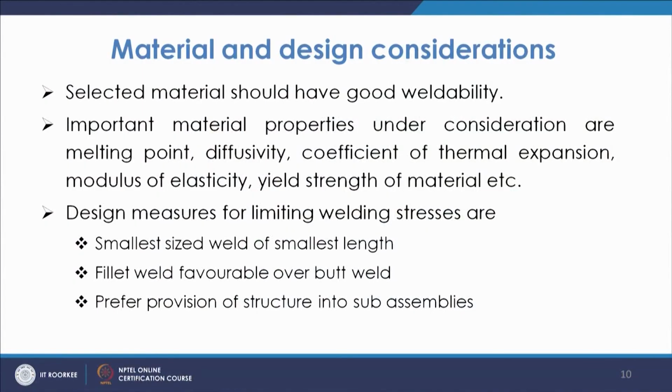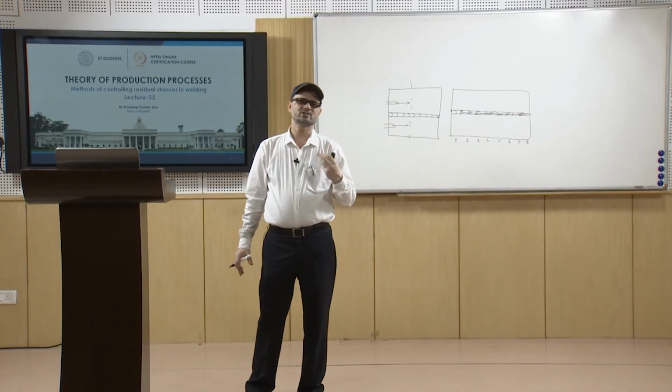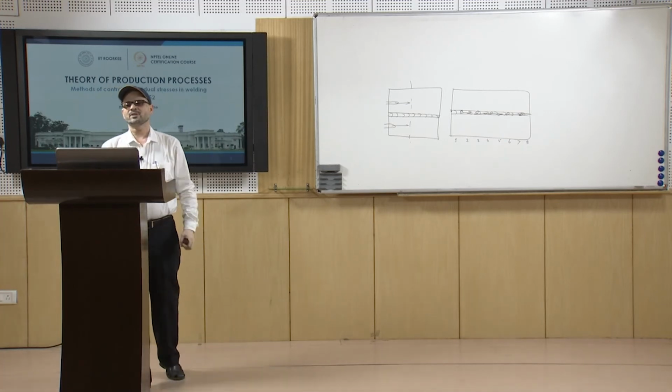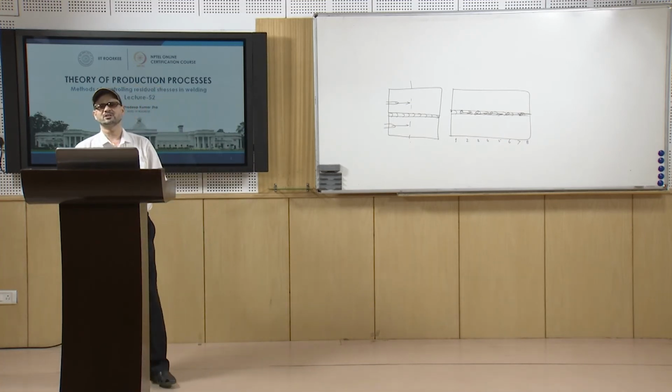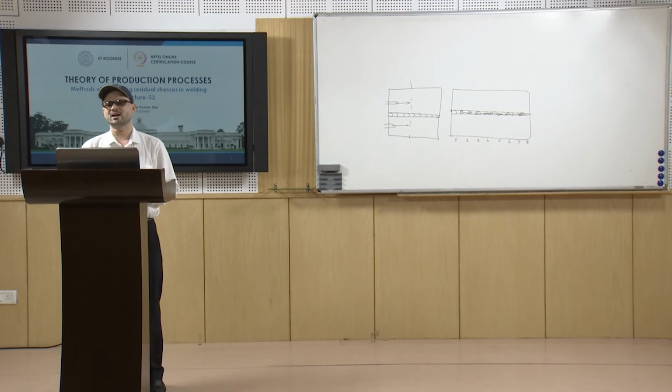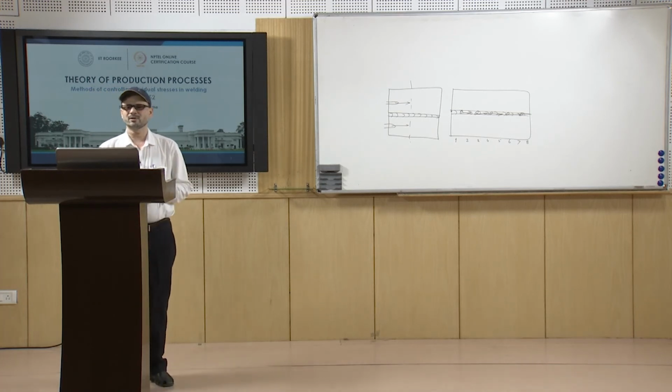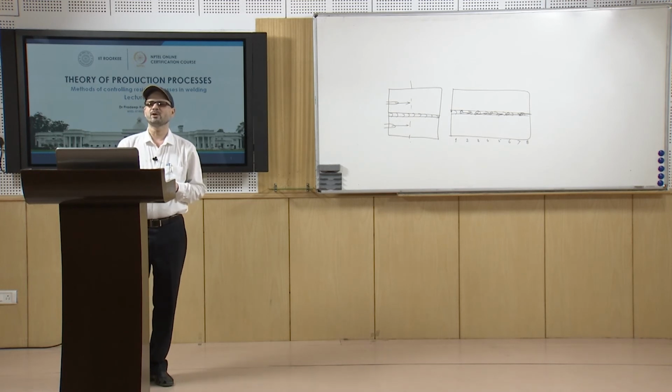Then the other consideration to be kept in mind is the material and design consideration. We must see that the selected material has good weldability, so that the chances of stresses and distortion will be smaller. Important material properties under consideration are melting point, diffusivity, coefficient of thermal expansion, modulus of elasticity, and yield point of material.